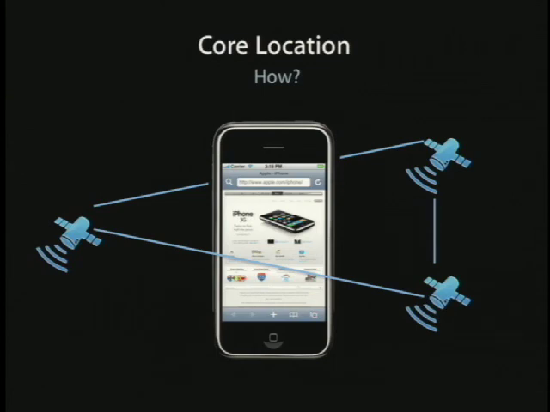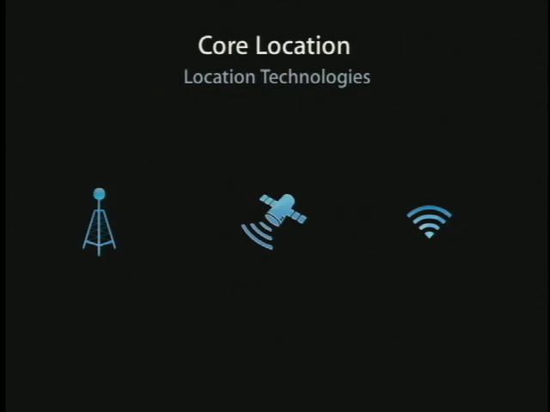And Core Location will pick the appropriate technology to get you the information as accurately as it can on whatever device it can. So you don't even necessarily have to know whether you're on an iPhone which has GPS or an iPhone which doesn't. It takes care of that for you. So there are all three of these, and Core Location puts them all together.